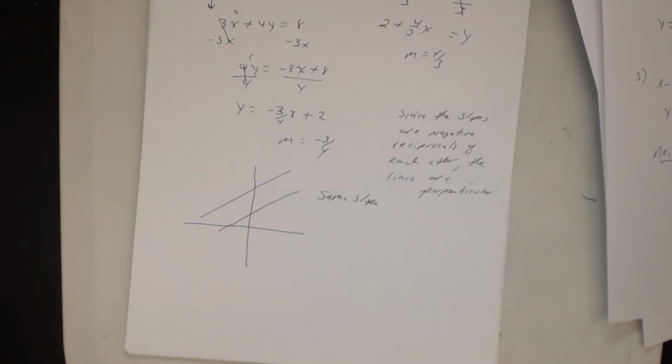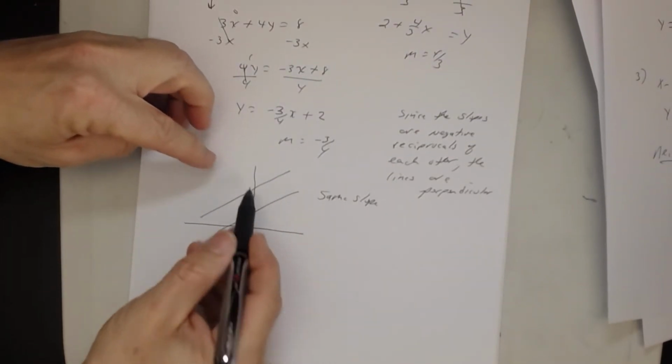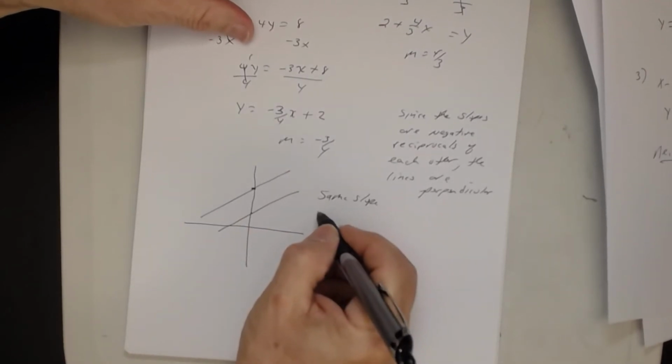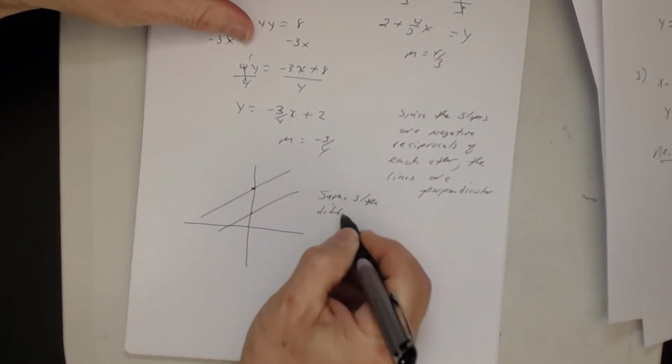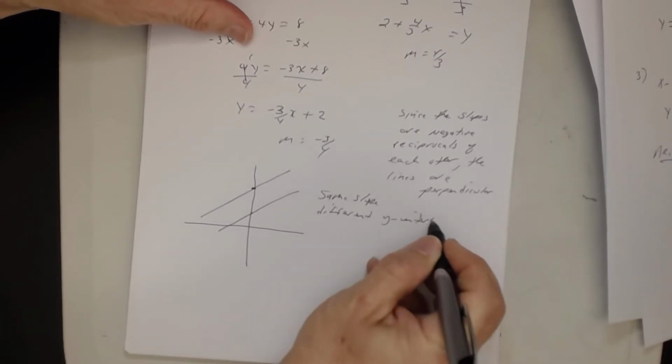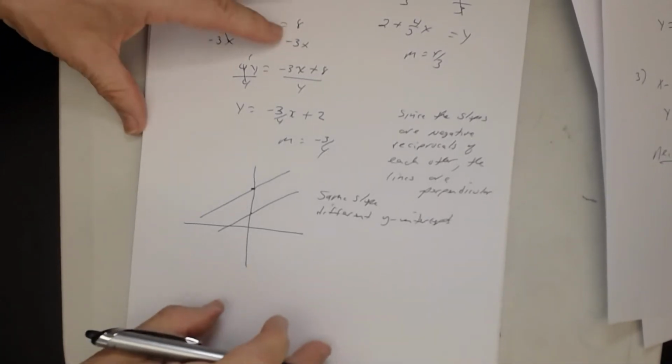Remember, the definition of parallel lines is lines that do not intersect. So they have the same slope. What about their y-intercepts? They're not the same. Different y-intercepts. Okay.